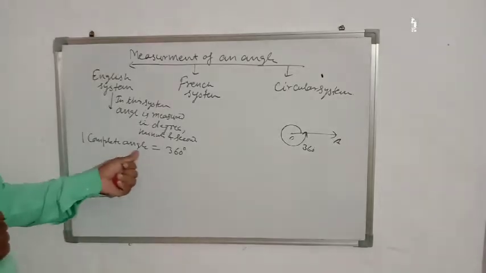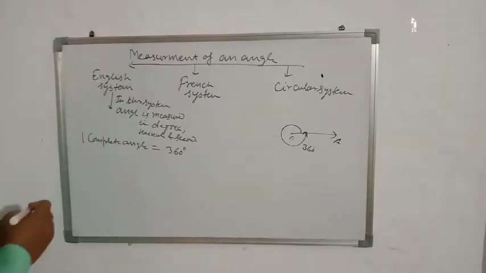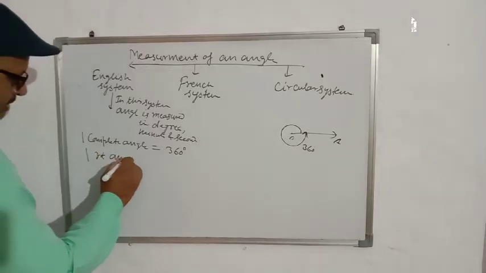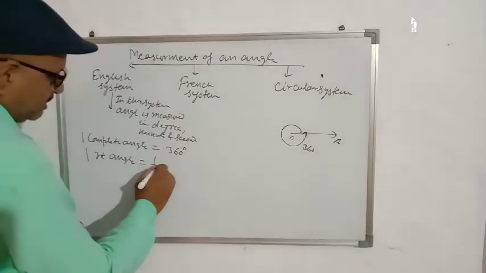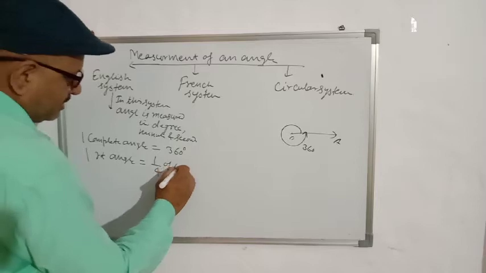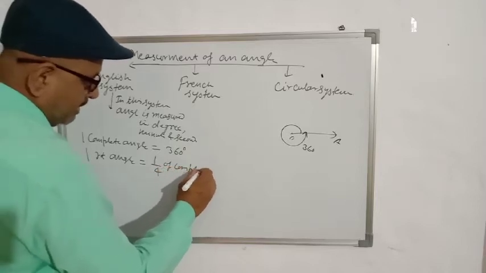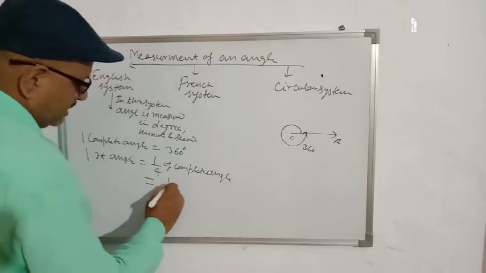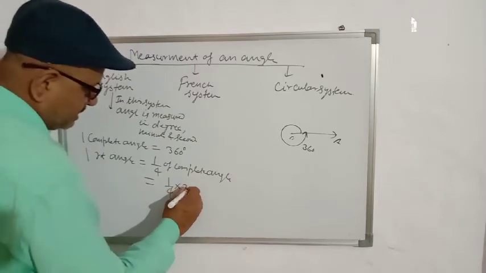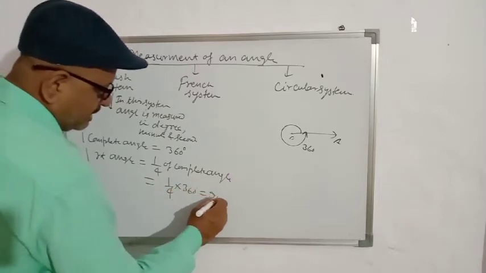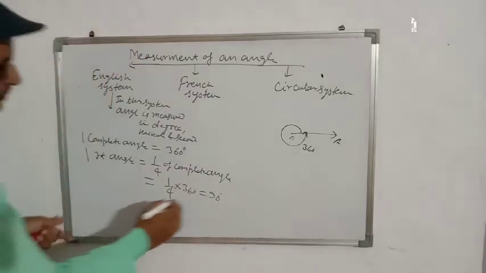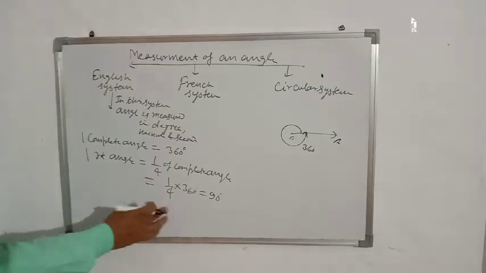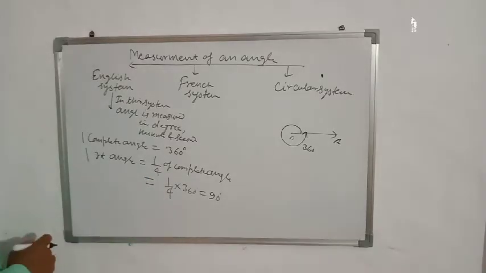One right angle means 1/4 of a complete angle, so 1/4 into 360. So it is 90 degree. One right angle is equal to 90 degree.